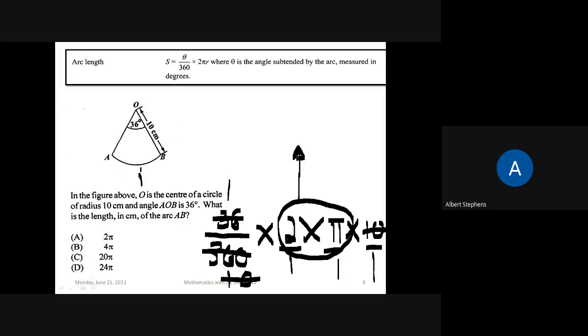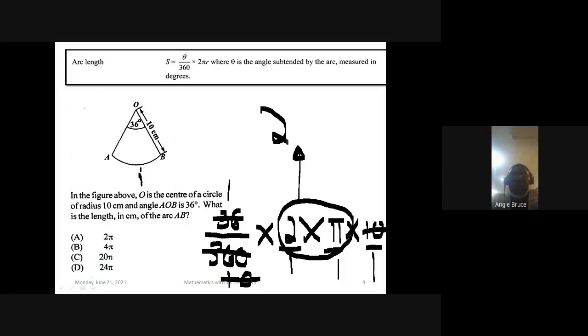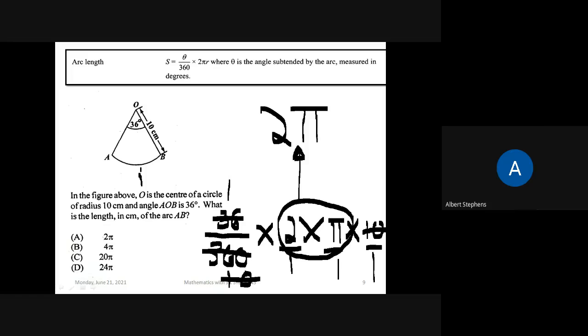So what's 2 times pi? No, what happened in the question? The answers are given as pi, so you wouldn't work it out, sir. You just leave it. Right, 2 pi.